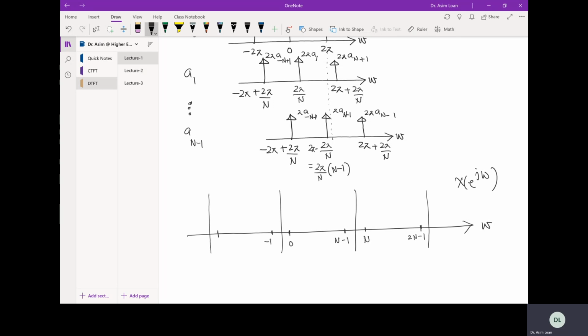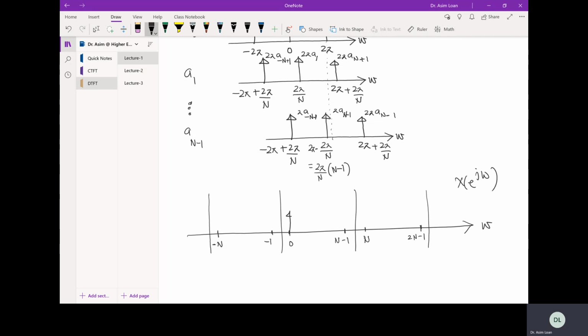And this would be minus n, minus n plus 1, so n minus 1 to 0. So these are n values, these are n values, and these are also n values, right? Minus 1 to minus n, these are n values. Good.